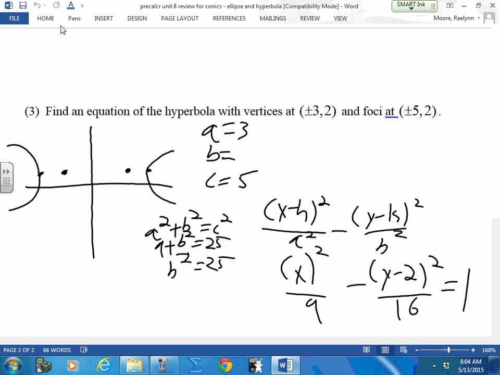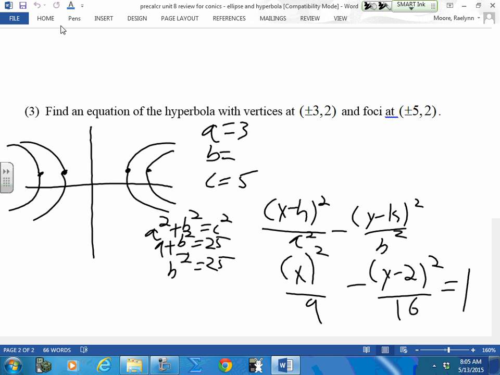Very good. So, plus or minus 3, -2. Okay, Travis, can I just ask you which one are your vertices? These are your vertices? Okay, this is where your hyperbola is going off of.